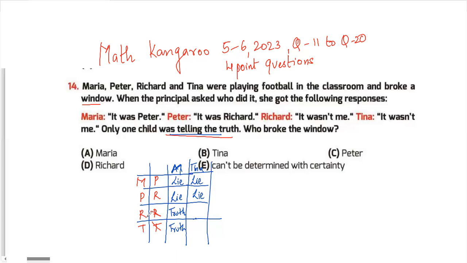And if Richard says that he didn't break the window, so Richard is saying the truth. And Tina says that she didn't break the window, but indeed she broke the window, so she is also lying. So here only one person is saying the truth, which is Richard. And the question says only one child was saying the truth. So in this case, all three others are lying, and Richard was saying the truth. So my answer is option B.